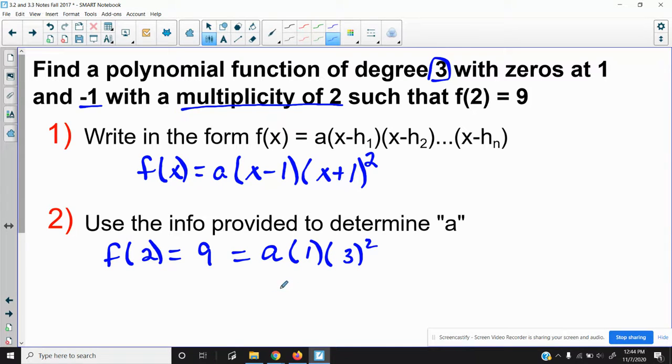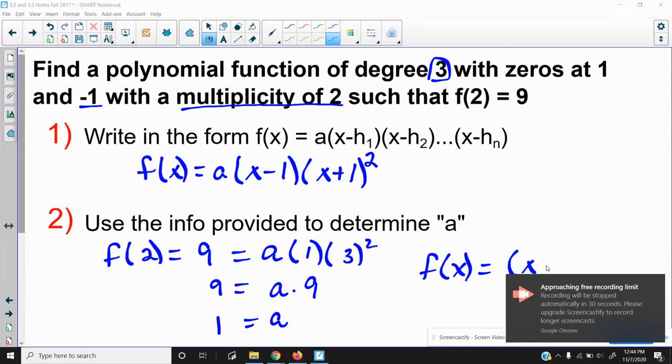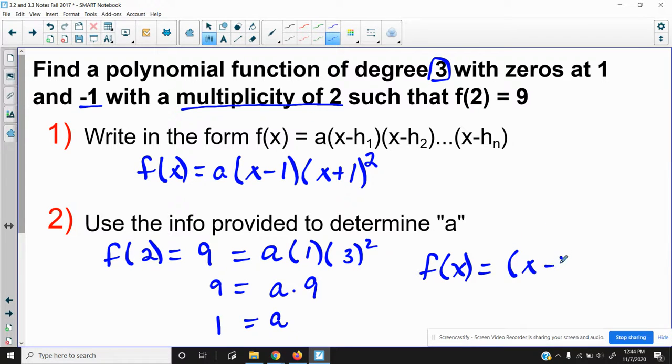Well, 3 squared is 9, so my a value is equal to 1. So the function I'm looking for that meets those characteristics is f of x equals 1 times x minus 1 times x plus 1 squared.